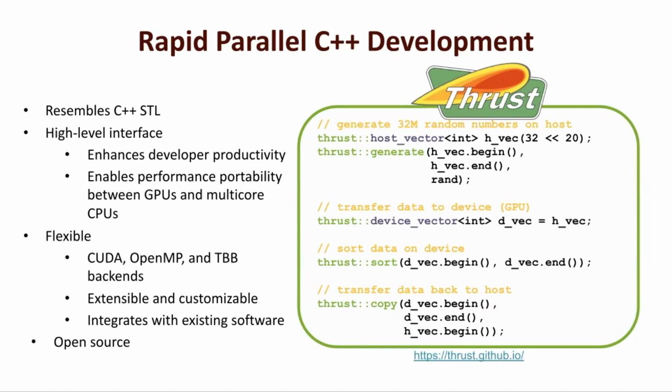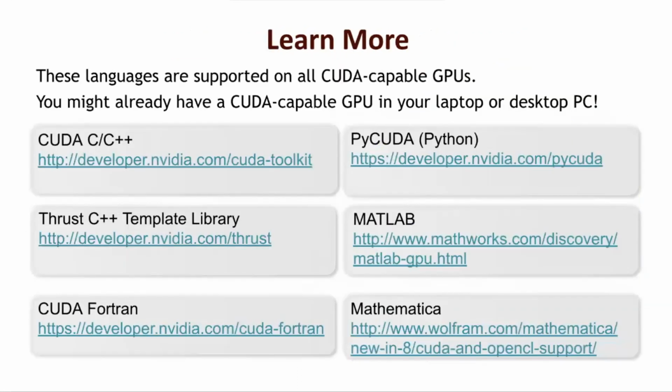Thrust can probably help you with some of those, so I'll leave you to some experts on that perspective. There is more information you can learn about all the different languages. They are supported on all CUDA-enabled GPUs.